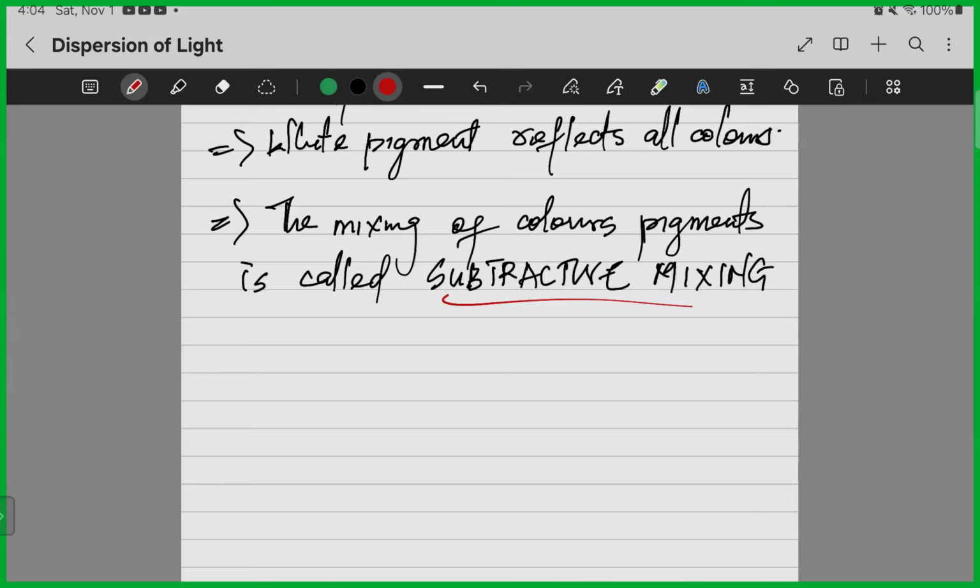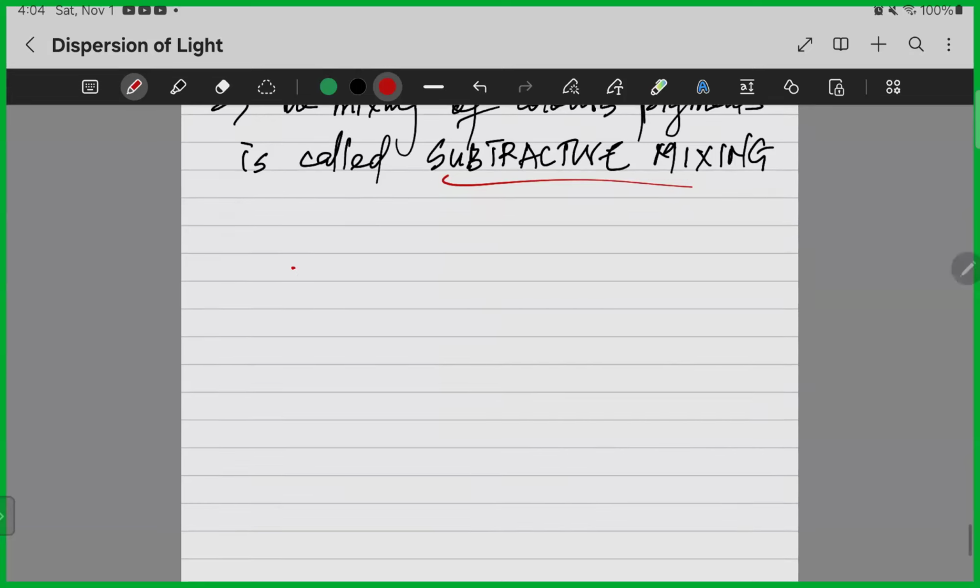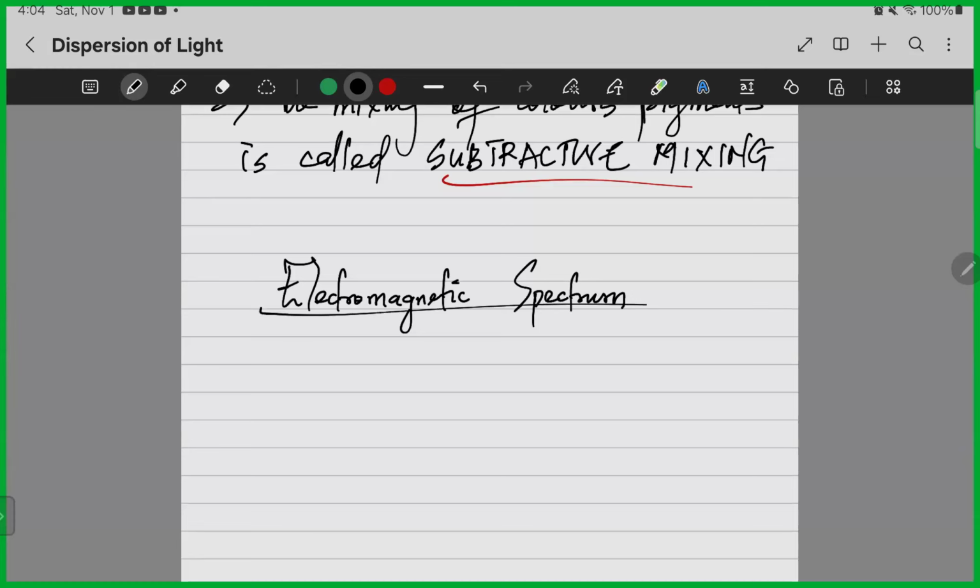Very important. When I go to the latter part of this lecture, I will mention the electromagnetic spectrum. This one is a very important topic.